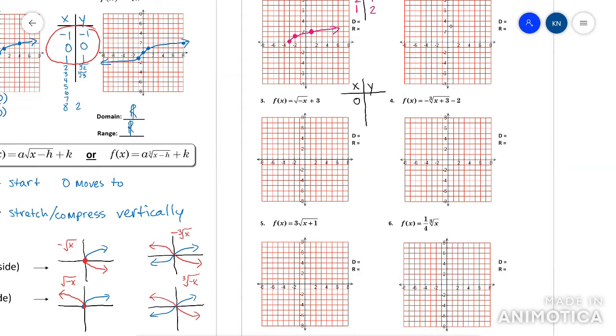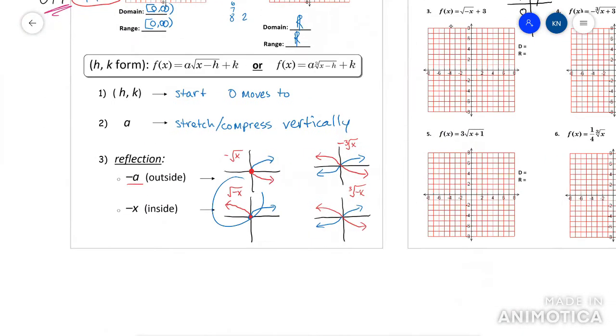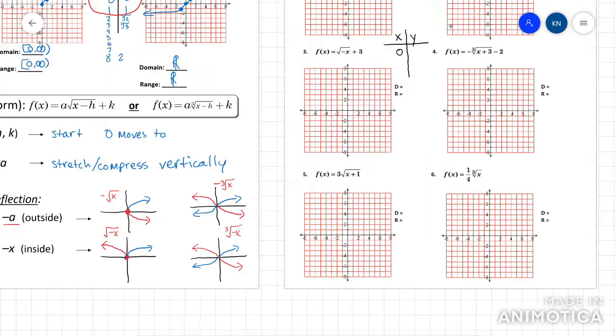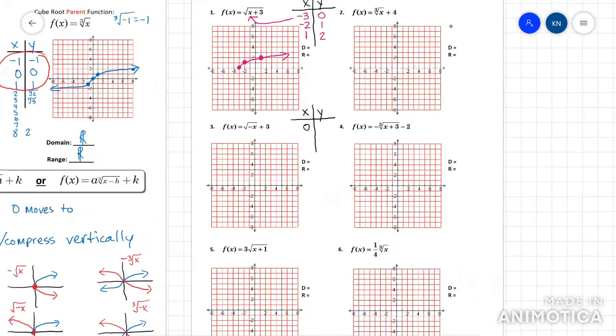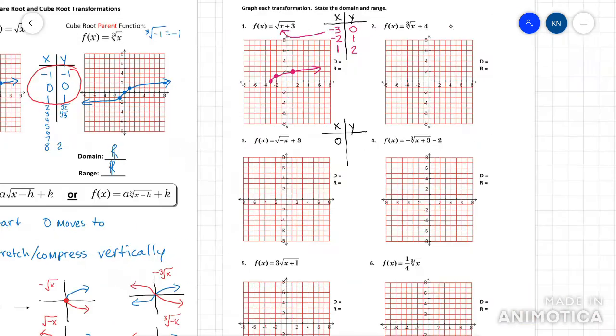Okay, but on this one, this is a root negative x function. That means it looks like this red right here. So instead of going right, you're going left. So that means instead of, remember over here, we added 1 and then added 4. Well, that was when we were going right. We're going left now.